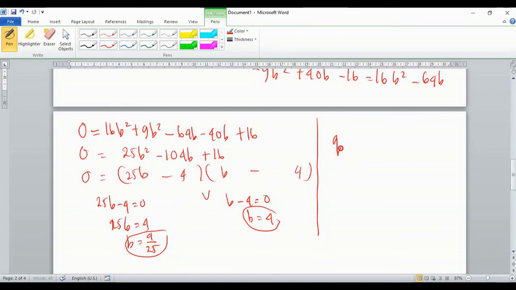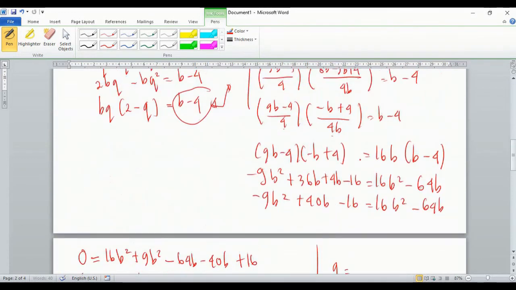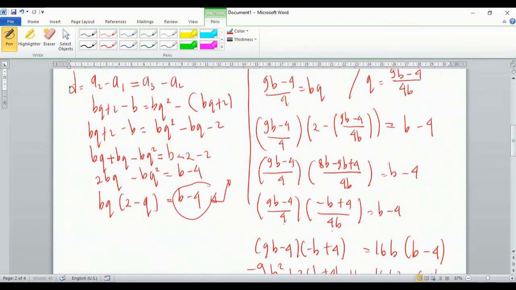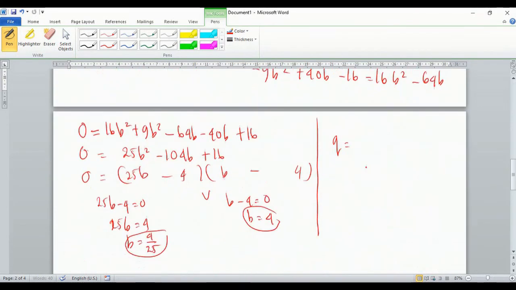What's the k? The k formula is, we know that the k formula is 9b minus 4 over 4b. So we can simplify this one to be 9 over 4 minus 1 over b.